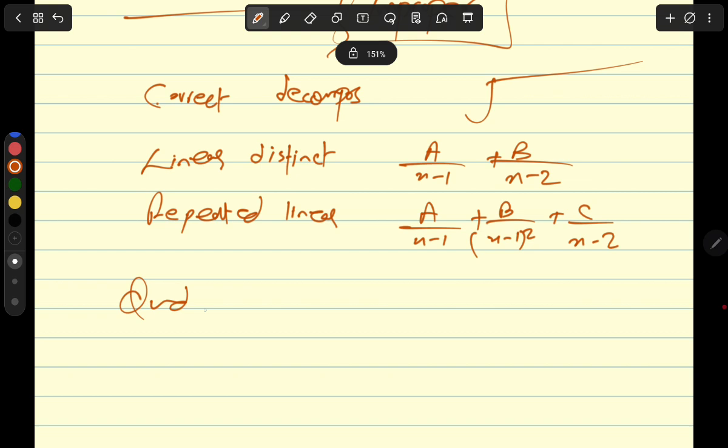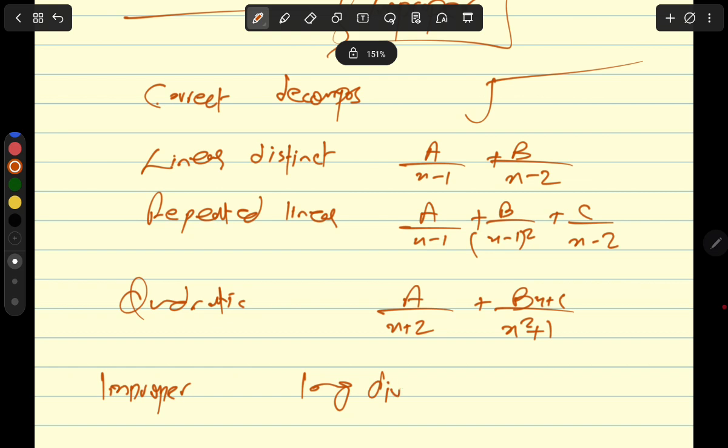And then there is quadratic. So this is going to be of the form a upon x plus 2 plus bx plus c upon x square plus 1, for example. And then for improper ones, you have to first perform the long division, which is absolutely necessary, right? So you have to do the polynomial division first for those. So partial fractions is not the end, it leads directly into applications.